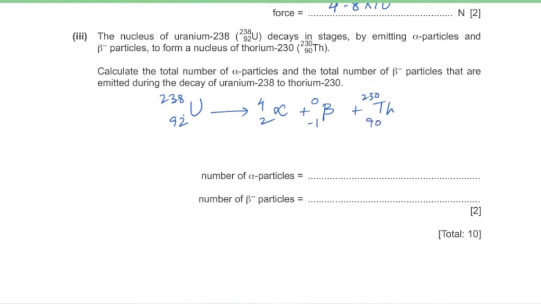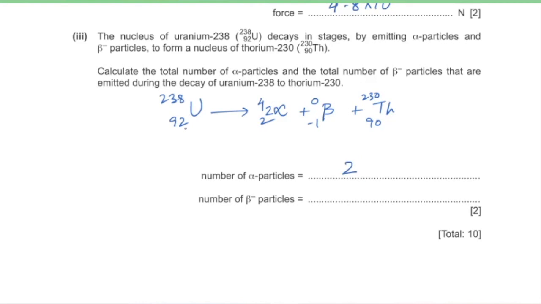Now we need to balance the nucleon number and the number of protons on both the left and the right side. So here it is 230 plus 4, that makes 234, and over here there is 238, the nucleon number. So we can add 2 alpha particles to make it 2 into 4, 8, and then 230 plus 8 is going to make 238. So we will have 2 alpha particles.